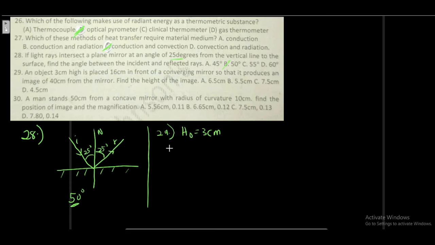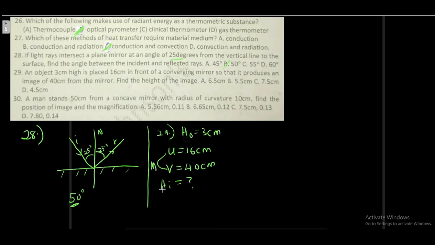So we have object distance to be 16 cm, so that it produces an image 40 cm from the mirror, we have image distance to be 40 cm. They say find the height of the image. You're looking for height of image. Now these two are related by the magnification formula.